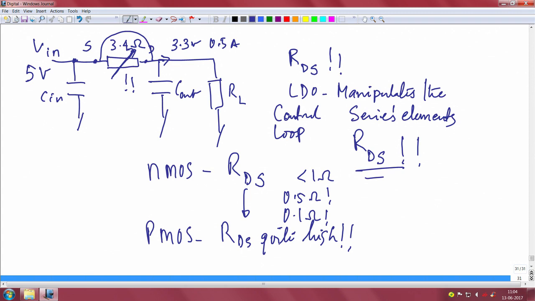I would not like to give any numbers because each manufacturer specifies different values, but you have to note that essentially with all this control loop technology, we are actually trying to vary the resistance between the drain and the source very effectively, and that is how the regulator is able to provide the required assistance for us.